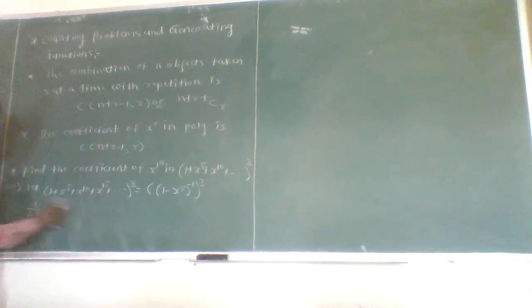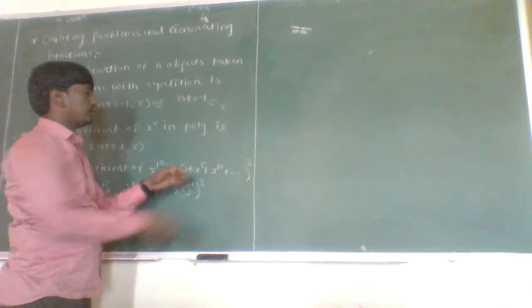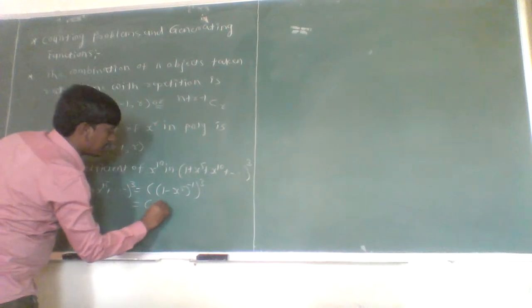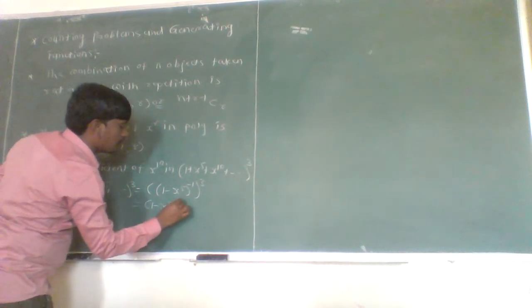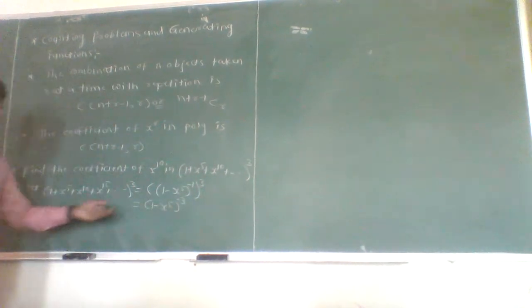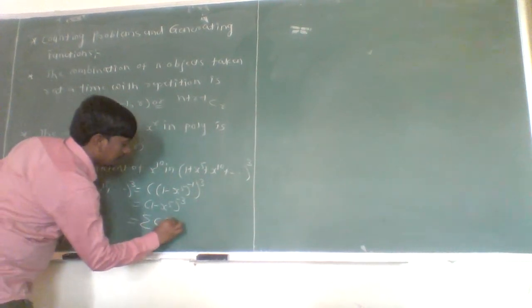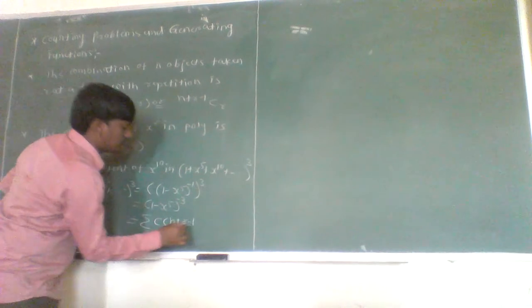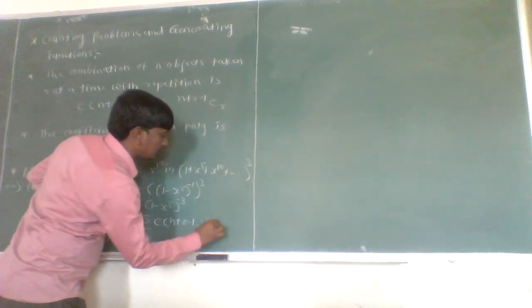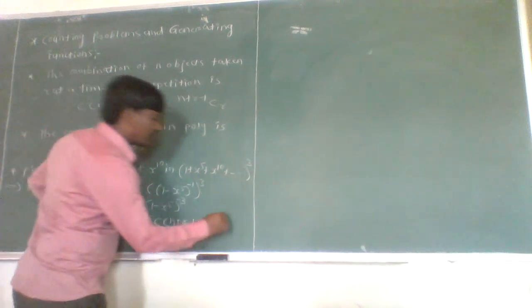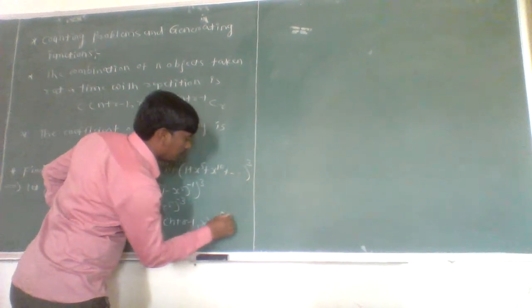So this can be written in a closed form as 1 minus x to the power 5, raised to minus 1, and the other factor as it is. So this one is nothing but (1 minus x to the power 5) raised to minus 3, and actually this one is nothing but summation of C(n plus r minus 1, r) x to the power r, where x is nothing but x raised to 5, which gives x to the power 5r, from the binomial coefficient.